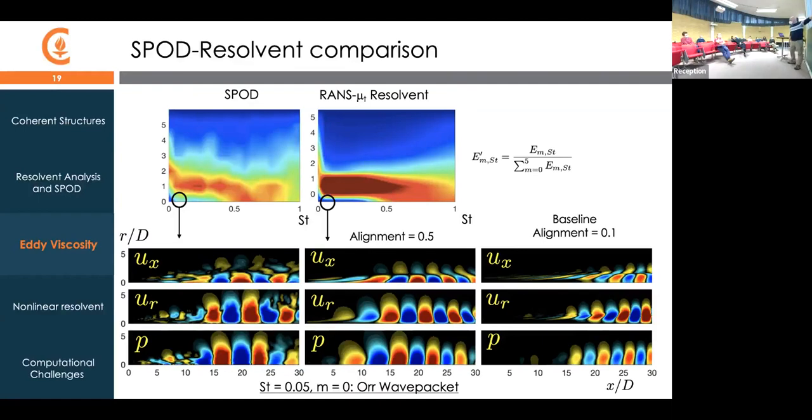So now what we see here is that by getting this good alignment, I can take a resolvent and understand better what actually produced this mode, because the resolvent gives me not just the output, it gives me the thing that forced that mode. So the big difference here between the Kelvin-Helmholtz and the OR is, if I showed you the forcing for a Kelvin-Helmholtz, you'd see a very localized region of disturbance near the nozzle lip that is amplified downstream.